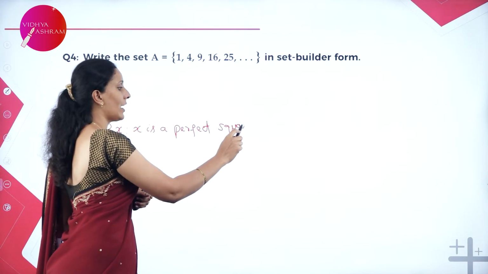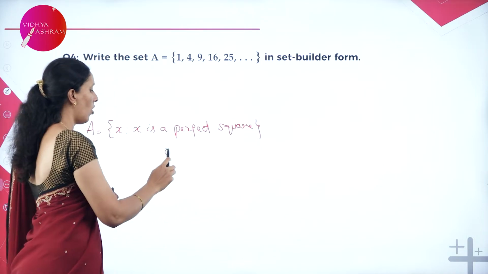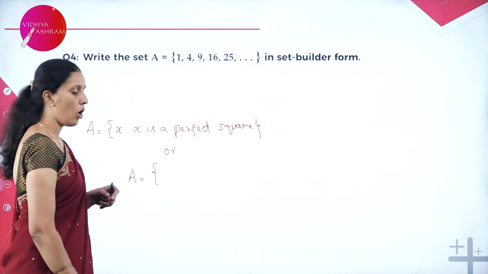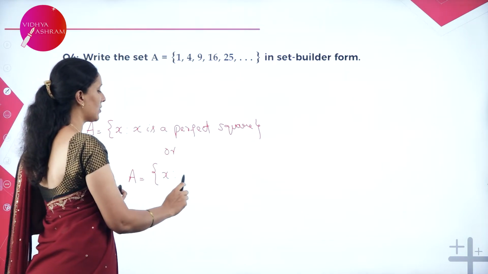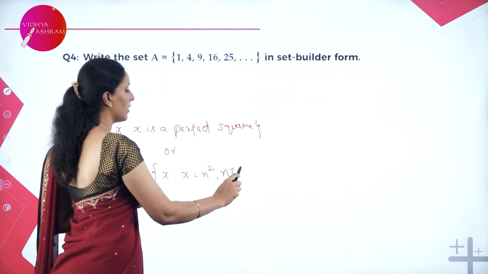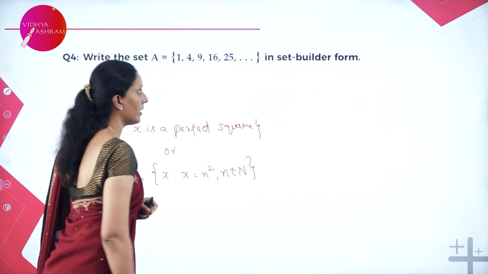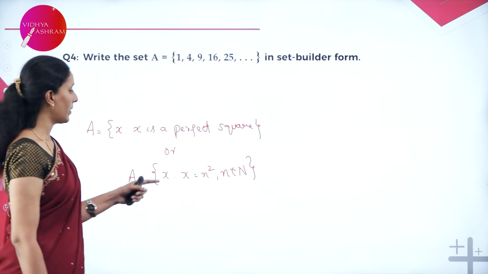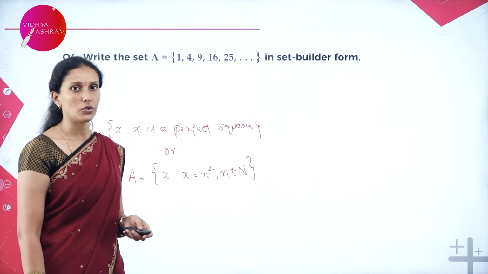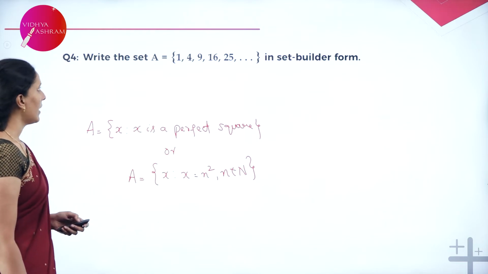This is how we can describe the property. Or we can write set A is a collection of all x such that x is equal to n square and n belongs to the set of natural numbers. Like this also we can write, because x is a perfect square number, you can take the values of n belonging to N also.